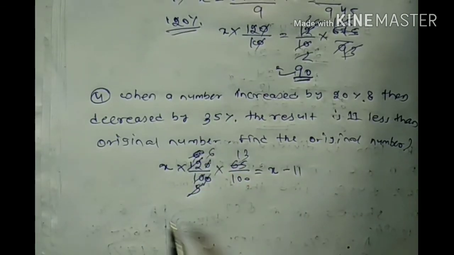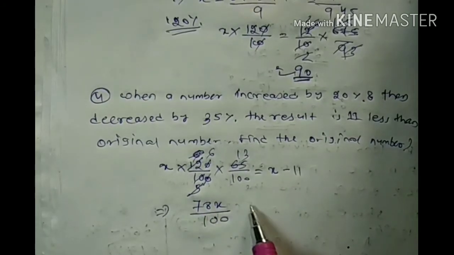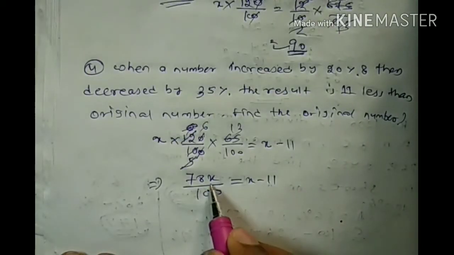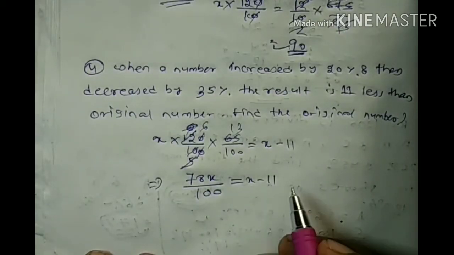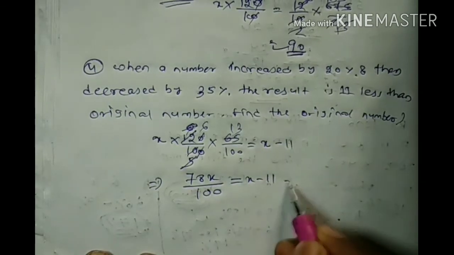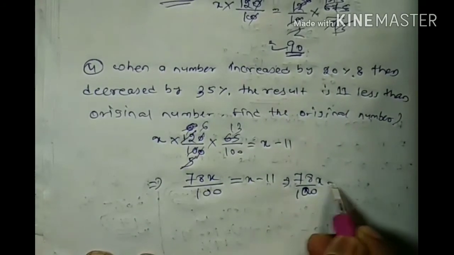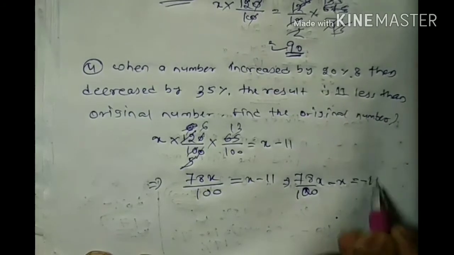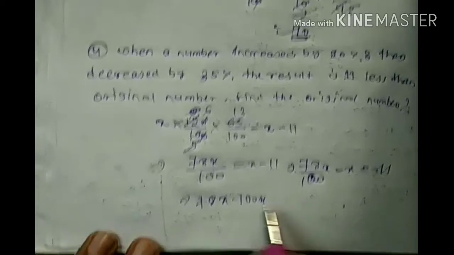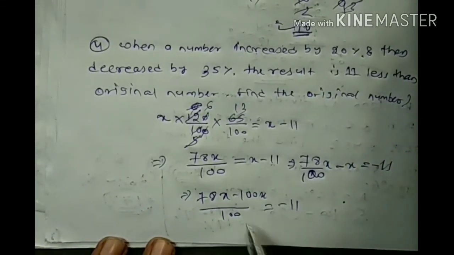So cancelling 0, 0, 2 5s are 10, 2 6s are 12, 5 13s are 65. Okay, 78x by 100 equals x minus 11. So here is x and another x, so we separate the x to one side. 78x minus x equals minus 11. So 78x minus 100x by 100 equals minus 11.